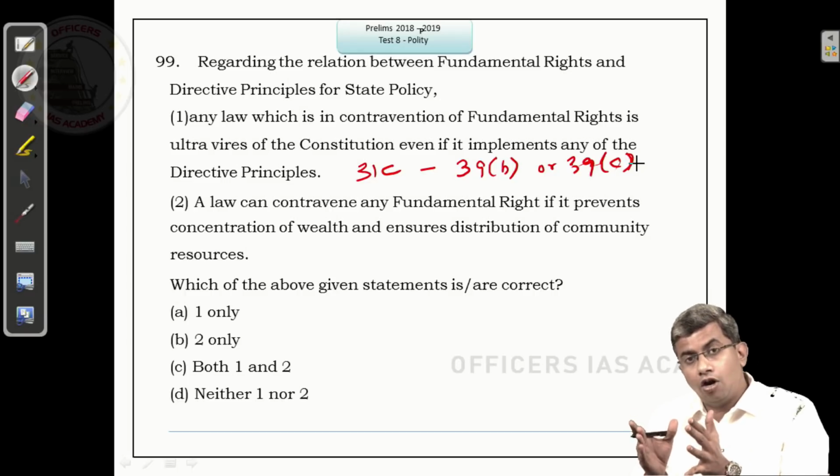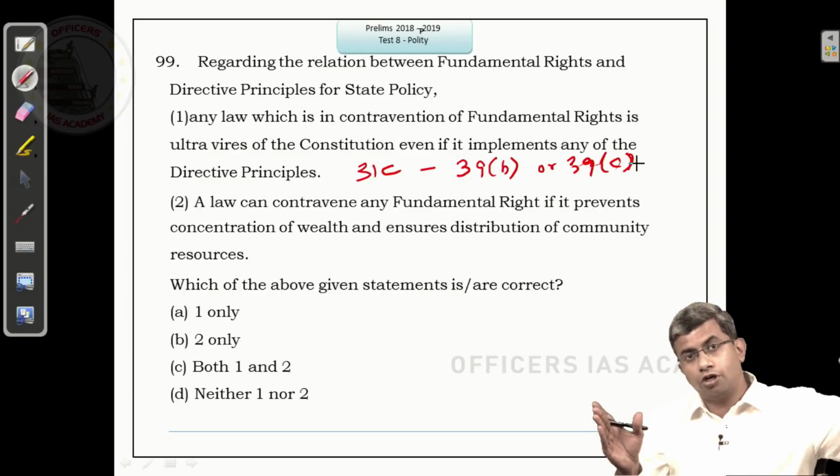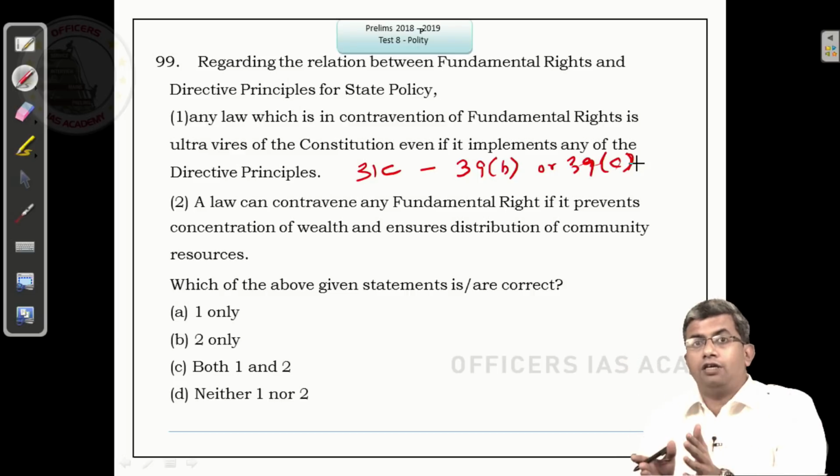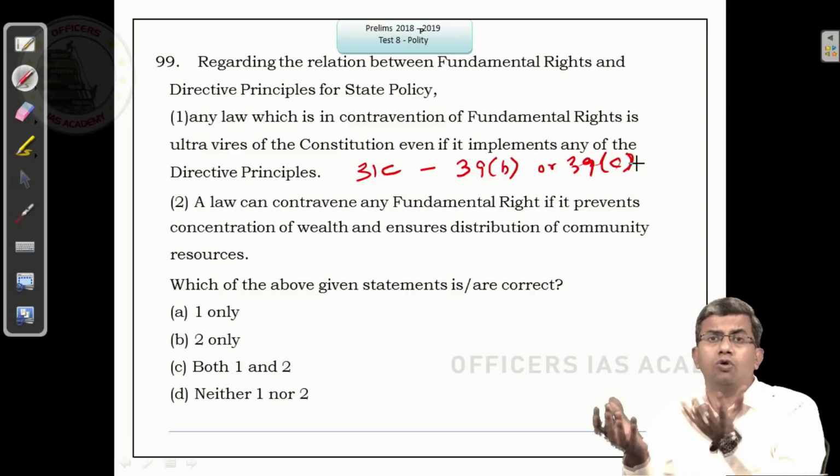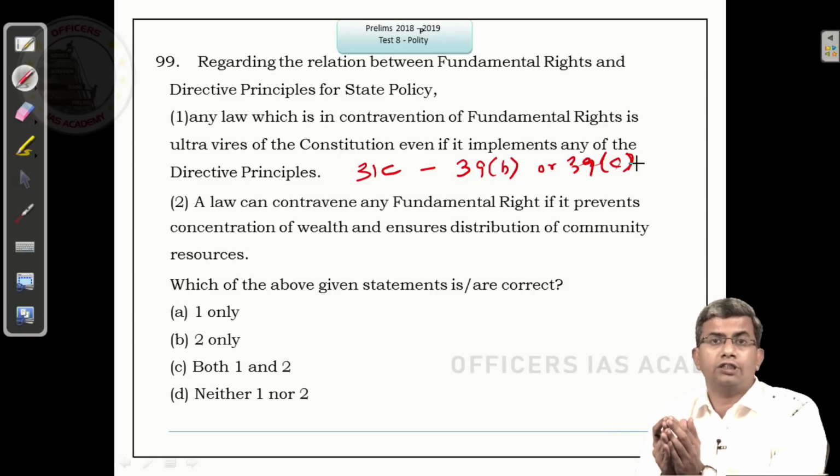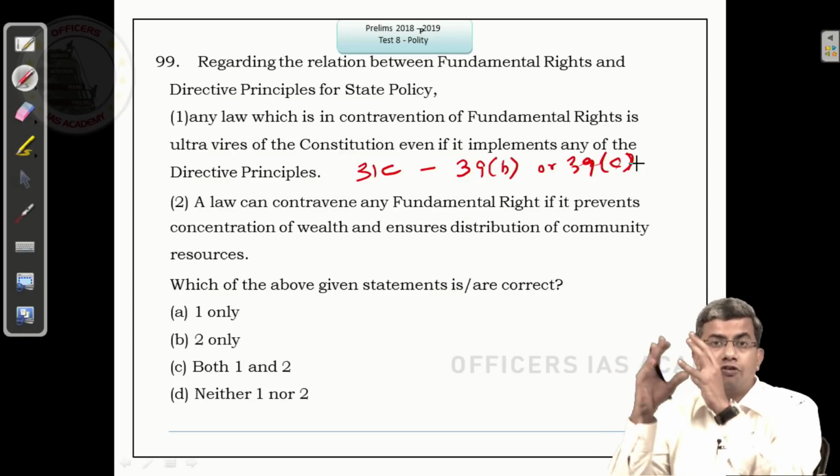So, a law to give effect to Article 39B, which is equitable distribution of resources, or Article 39C, which requires the state to ensure that the operation of the economic system does not result in concentration of wealth in the hands of few people.